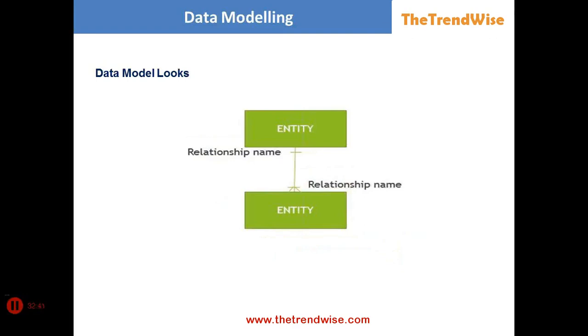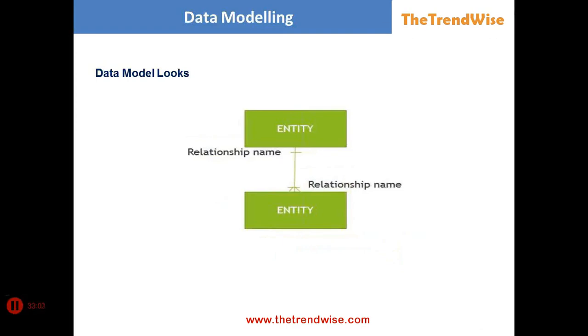Okay, finally, we have spoken a lot about the data model now, what the need is, what a data model is and why we should make one. So here comes the very first picture of how a data model really looks.